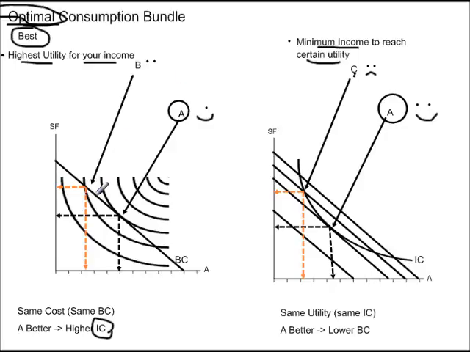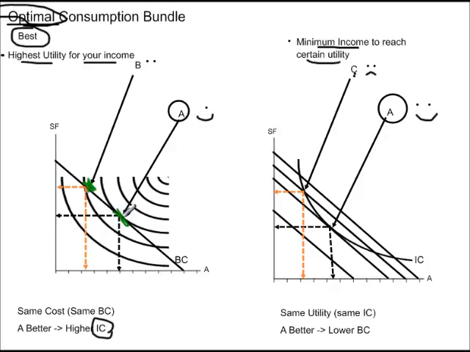At that point, those two curves intersect each other. Whereas at my optimal combination here, the slope of the budget constraint is equal to the slope of the indifference curve. The word I have for that is those two lines are tangent to each other, right?